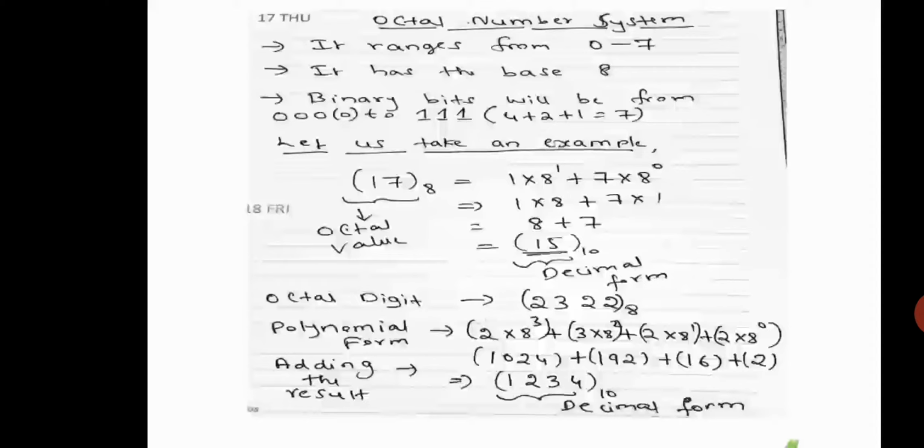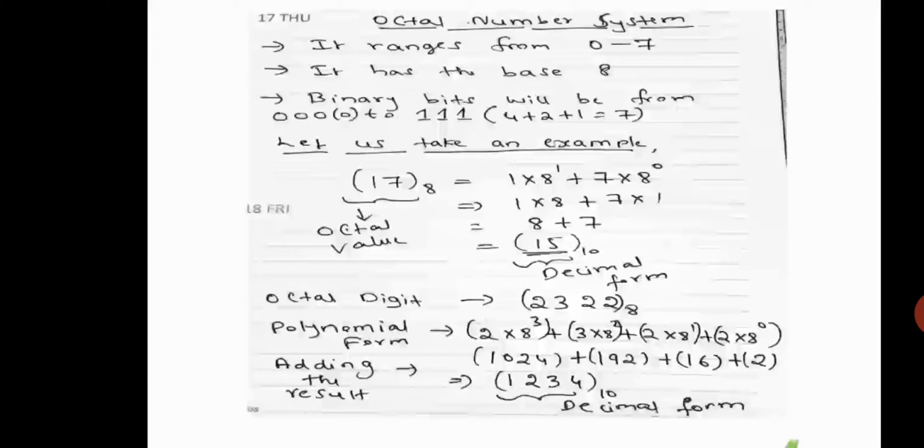And that value into 2 is 1024. That means 8 to the power 3 is 512. 512 into 2 is 1024. So 8 to the power 3 is 512.